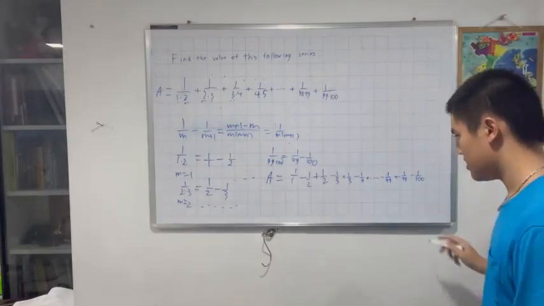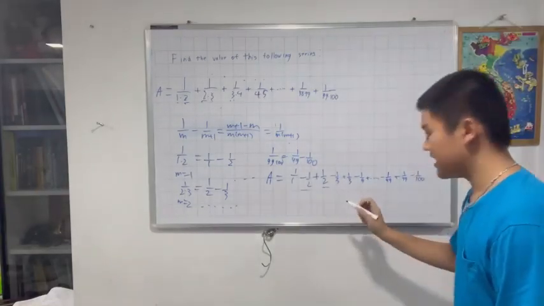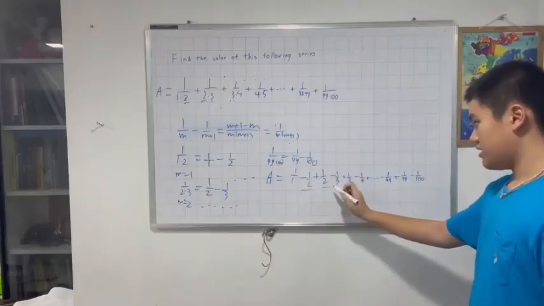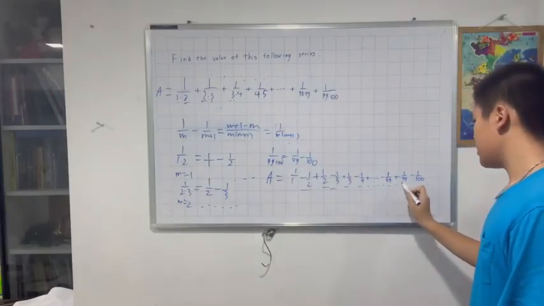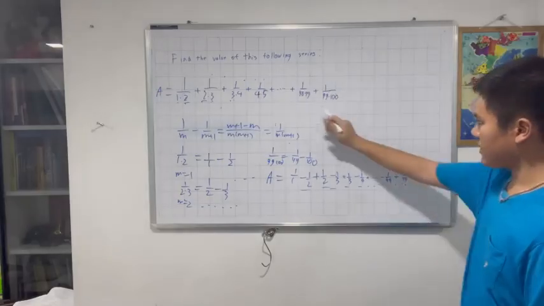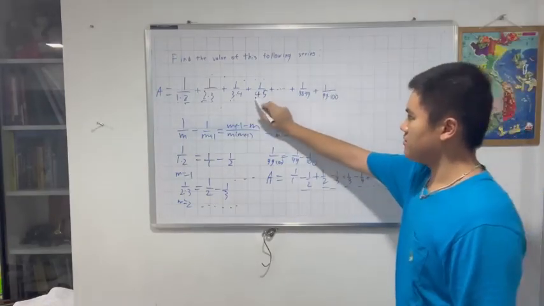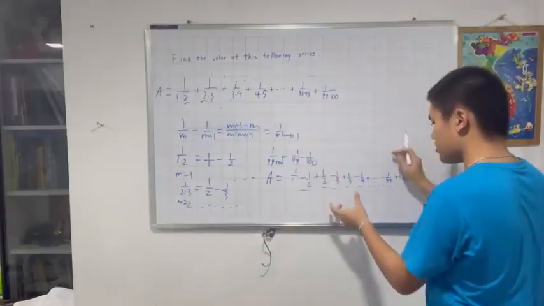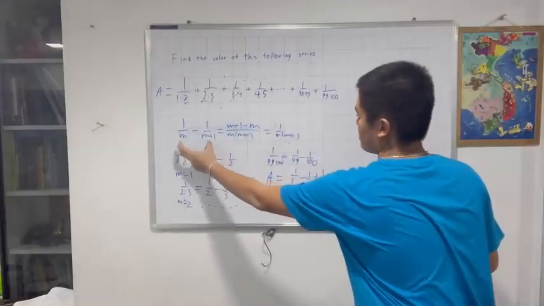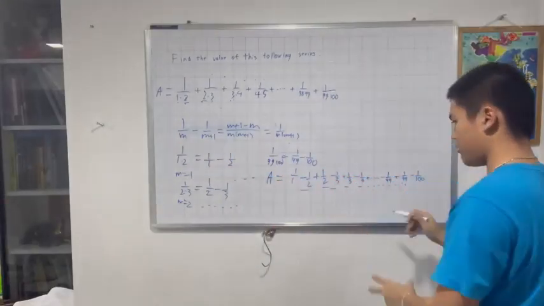Now you look at this, these two terms cancel out, and it's the same with all of these until 99, because all of the terms from 2 to 99 appear in both adjacent terms. So of course, when we separate them like this, they all cancel out.